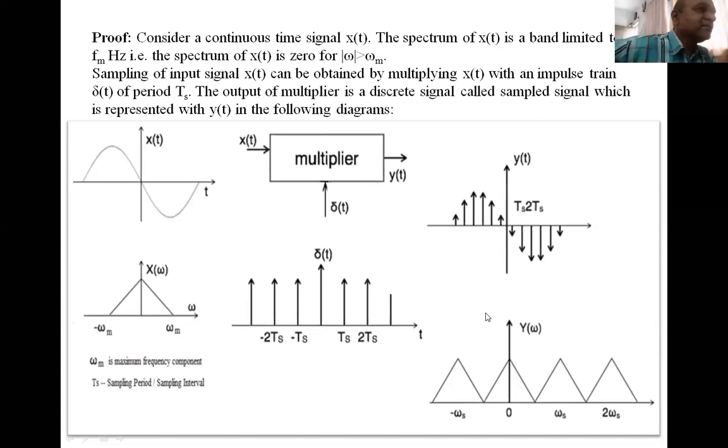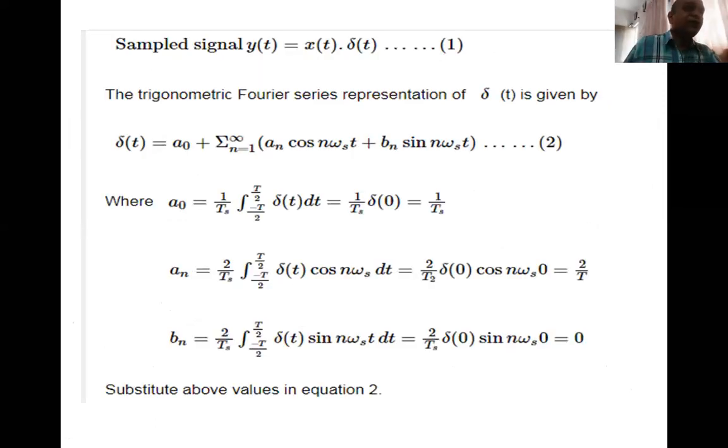the Fourier transform of the signal? For that we first find the values of a0, an and bn. Here a0 is 1 upon Ts, integration from minus T by 2 to T by 2 of delta t into dt.